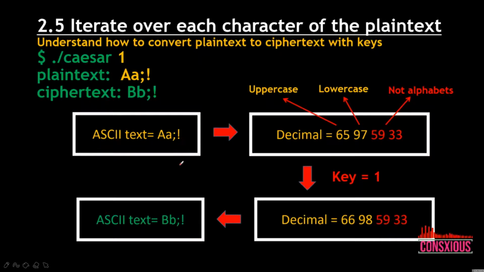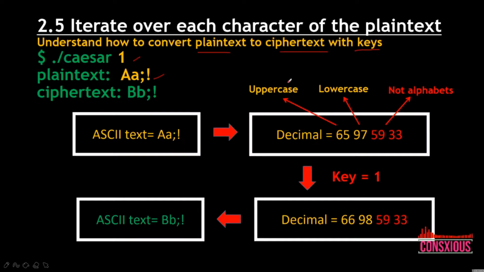Next, we will go through 2.5, iterate over each character of the plaintext. So we have to understand what is the exact process that converts the plaintext to the ciphertext with keys. For example, the user keys in 1, the plaintext is uppercase A and lowercase a, semicolon and exclamation mark. So this is the text. The ASCII text will convert to decimal.